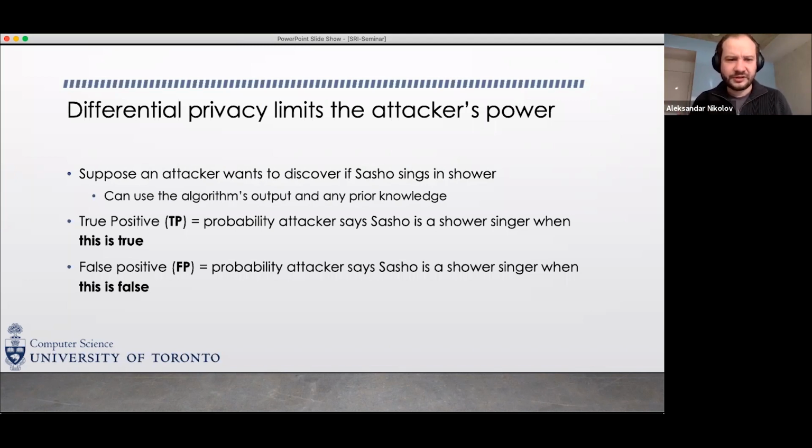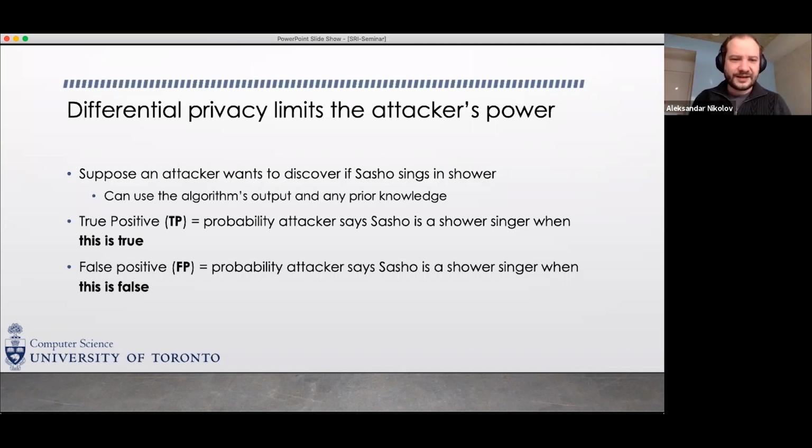And I'm not really limiting what the attacker already knows about me. Let's just say they don't know if I sing in the shower, but otherwise they can know all kinds of other stuff about me, and they now observe the output of a differential private algorithm, and they try to find out, do I sing in the shower or not? And I want to say that they cannot, right? This is personal information about me. I want to say that the attacker cannot figure that out. And here's one thing you can say that's implied by differential privacy.